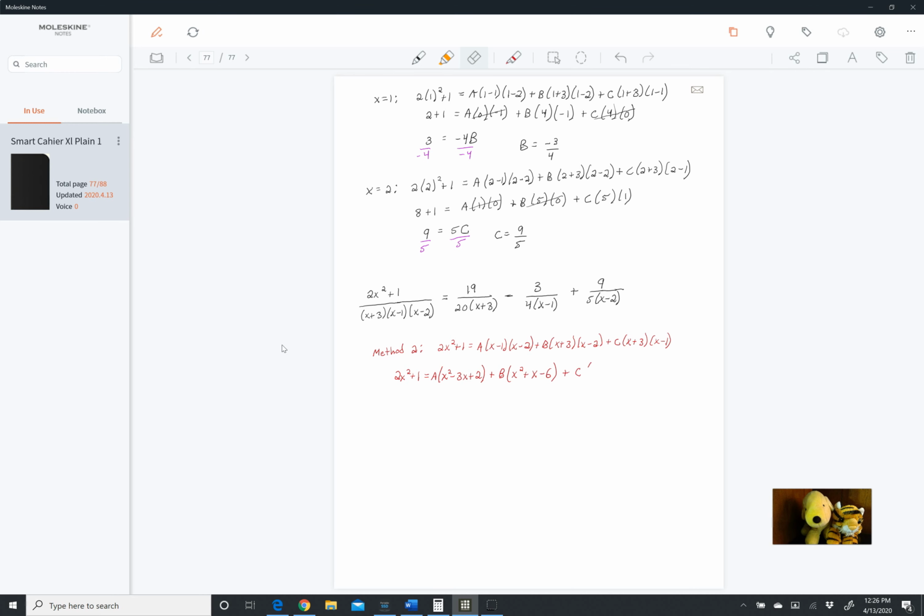And then we have plus c, and we have x plus 3 times x minus 1, which gives us x squared plus 2x minus 3. Okay, so we multiplied all of our quadratics first, and then we're going to distribute our constants.